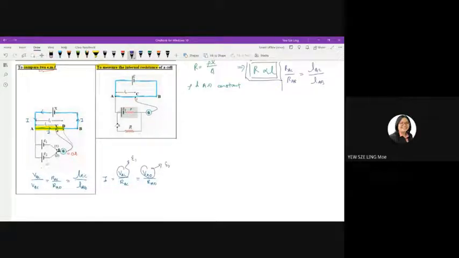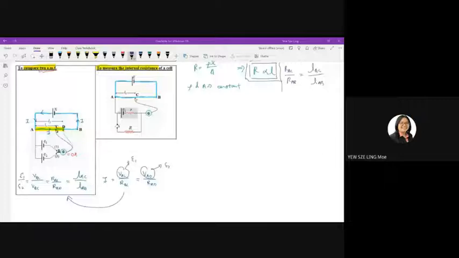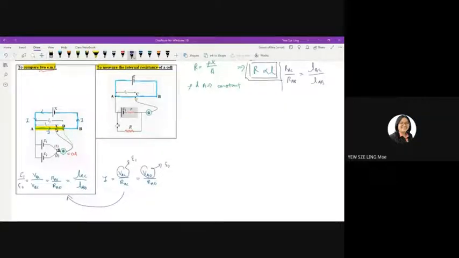So we are playing with the parallel circuit idea and also the potential divider idea. From potential divider we obtain this set of relationships, and from here we can determine and compare the values of EMF1 and EMF2.